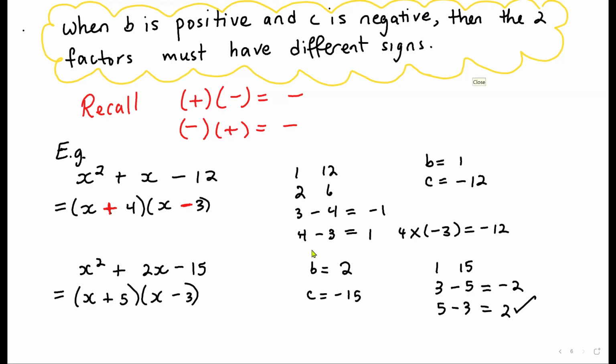Okay, good. So let's look at when both B and C are negative now. When both B and C are negative, the two factors will have different signs as well.